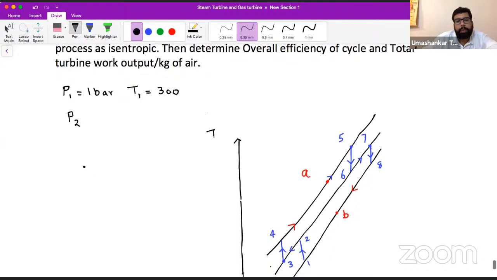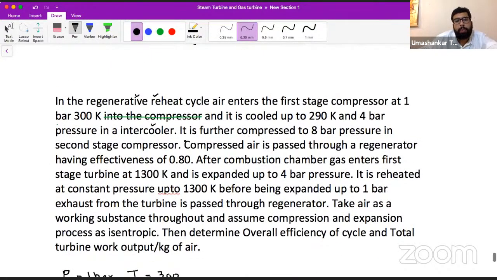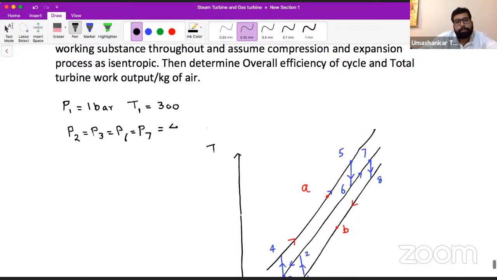What is intermediate pressure? P2, P3 is intermediate pressure. P6, P7 is also intermediate pressure. All these pressures are given to us as 4 bar. This P1 is also equal to P8. Do not get confused in all these things.